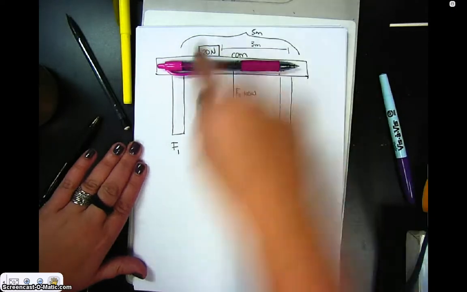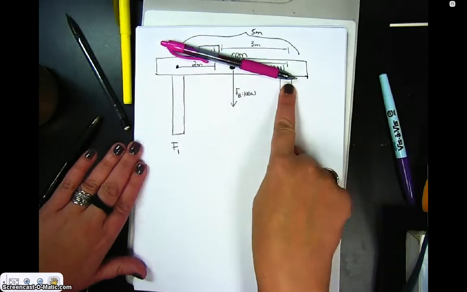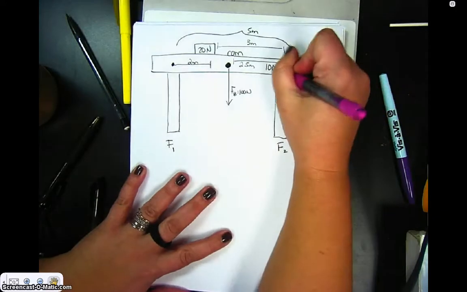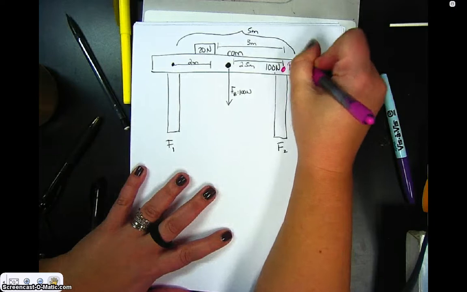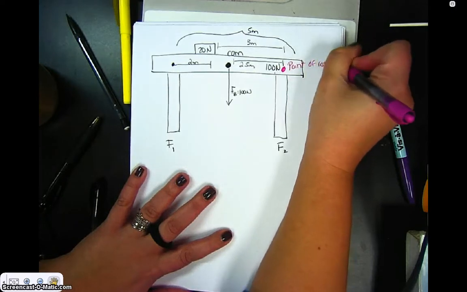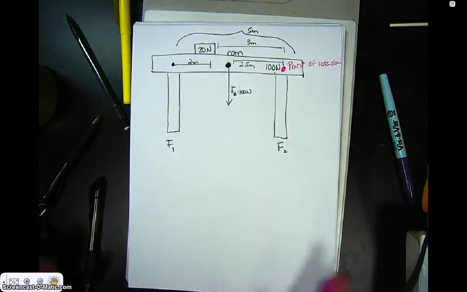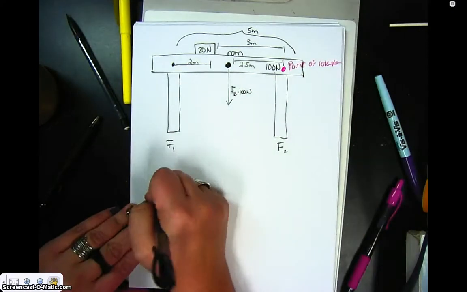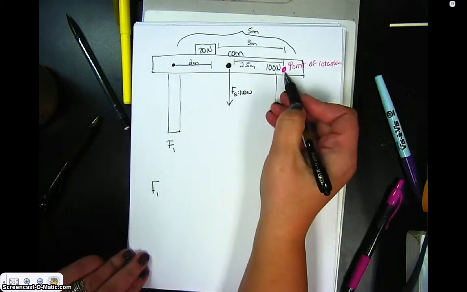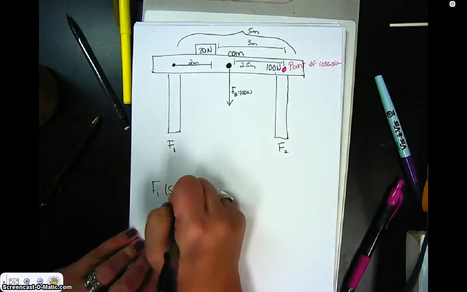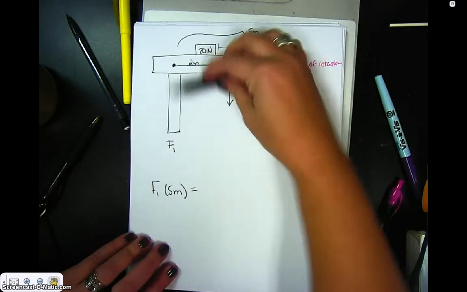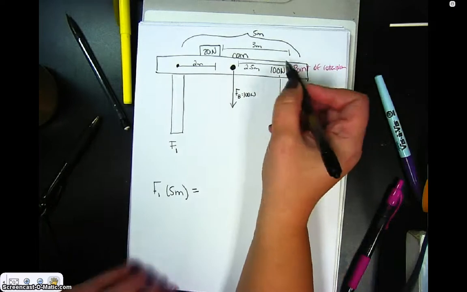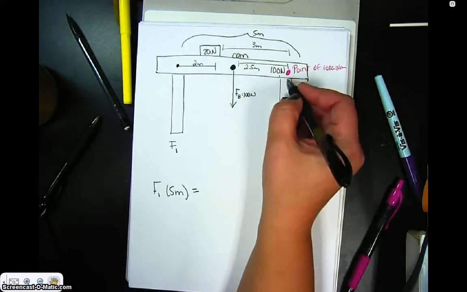You can see that the table would rotate about the other leg. So if we're doing force 1, this right here would be our point of rotation, or our axis of rotation. So all of the force that this leg is exerting times the distance to the pivot point, which is 5 meters, must be equal to everything that's pushing down in this direction. So again, we have to look at our forces and how far they are from this point of rotation.